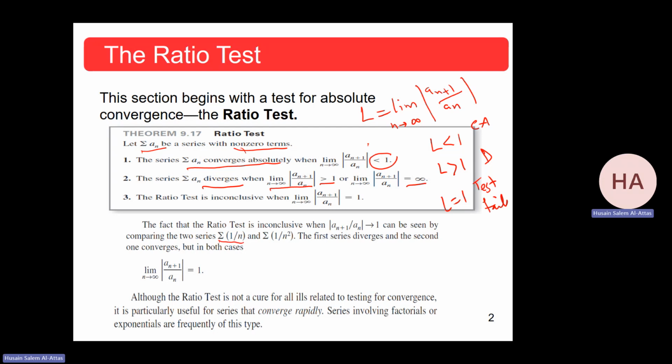Look at this one, 1 over n and 1 over n squared. I know this diverges and I know this converges. If you find the limit as n goes to infinity of a_{n+1} over a_n, you will get L equal to 1. So if I get 1, we cannot conclude anything.